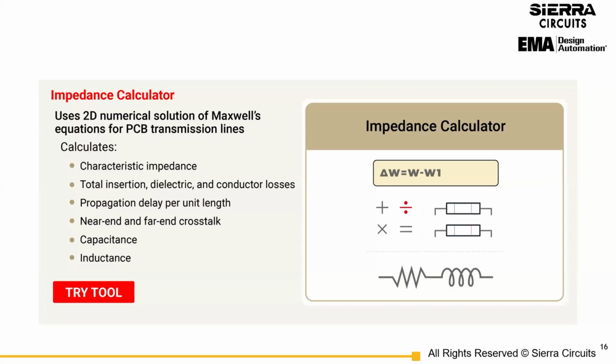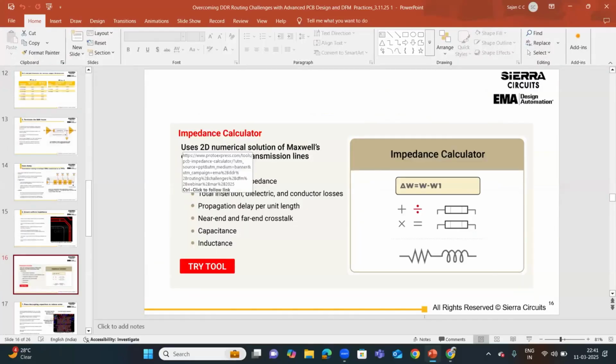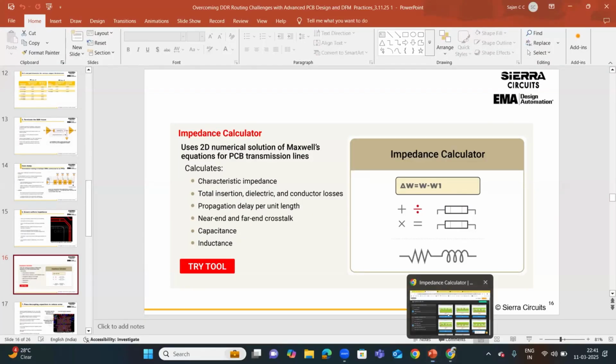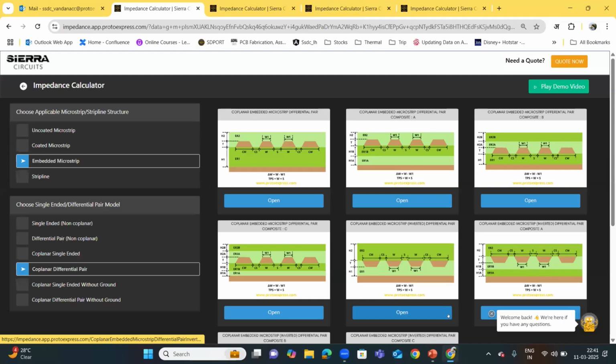So now we have a small demo on the impedance calculator tool that we offer on our Sierra Circuit website. Our Sierra Circuit impedance calculator uses the 2D numerical solution of Maxwell's equations for PCB transmission lines, and it renders fairly accurate results.